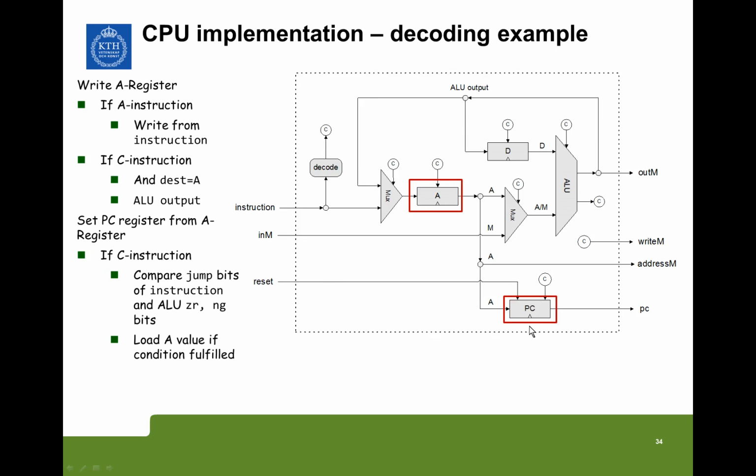Another small example to see how to control the program counter. The program counter, of course, is increased if it is simply an A instruction. So let's see if it is a C instruction.